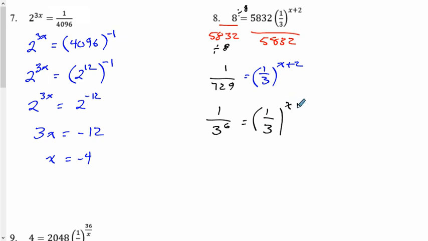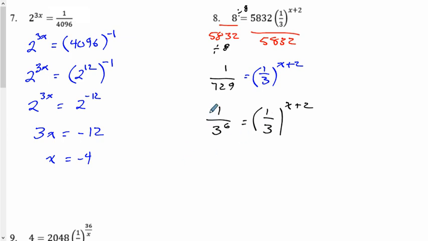Now notice this 3 in the denominator and this 3 in the denominator, I could work with powers where my base is a fraction. I could get it out of the fraction if I wanted. I could turn this into a 3 to the negative 1. But let's just see what would happen if I leave it in the denominator.